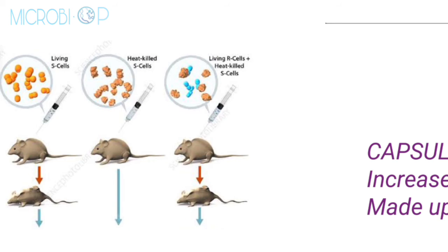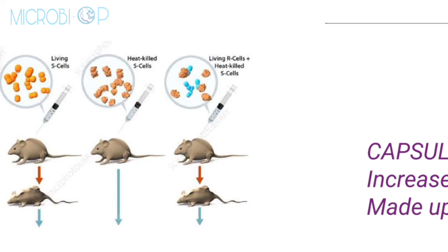In the fourth installment, what did he do? He took heat killed S cells. The cells were not alive, and did not do any harm to the mouse, and along with that he also took R cells, the rough cells.